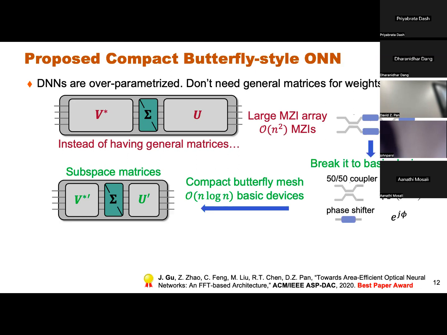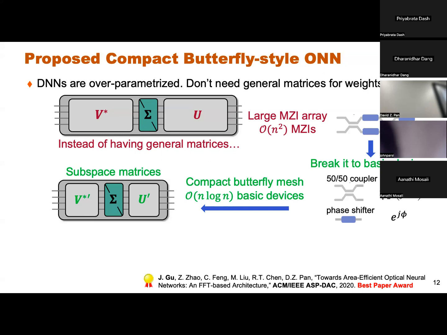So this is the original MIT paper that actually helped to spin off $200 million worth of spin-off companies, right? What they showed is that you can implement matrix and vector multiplication. For the bigger matrix, you can do some singular value decomposition and so on and so forth, and then you implement it using something called an MZI array.